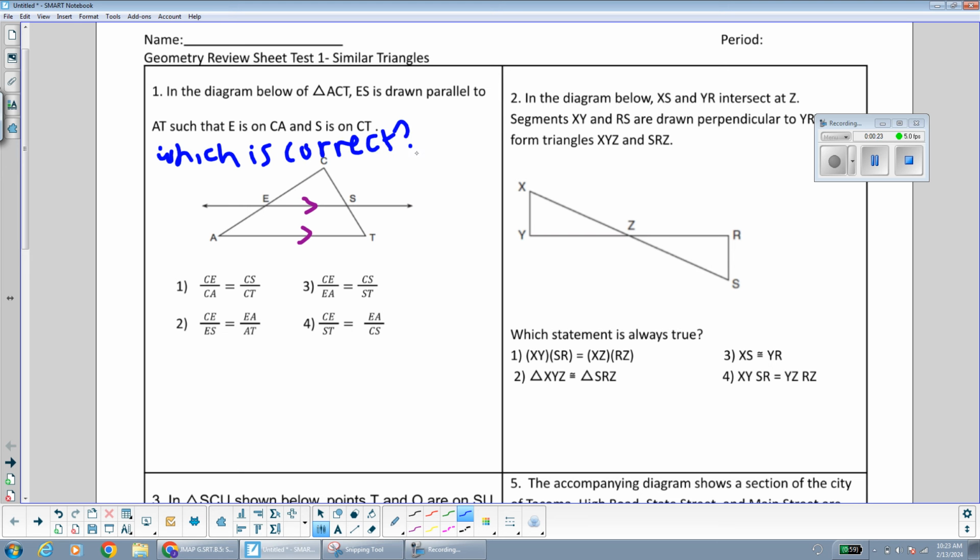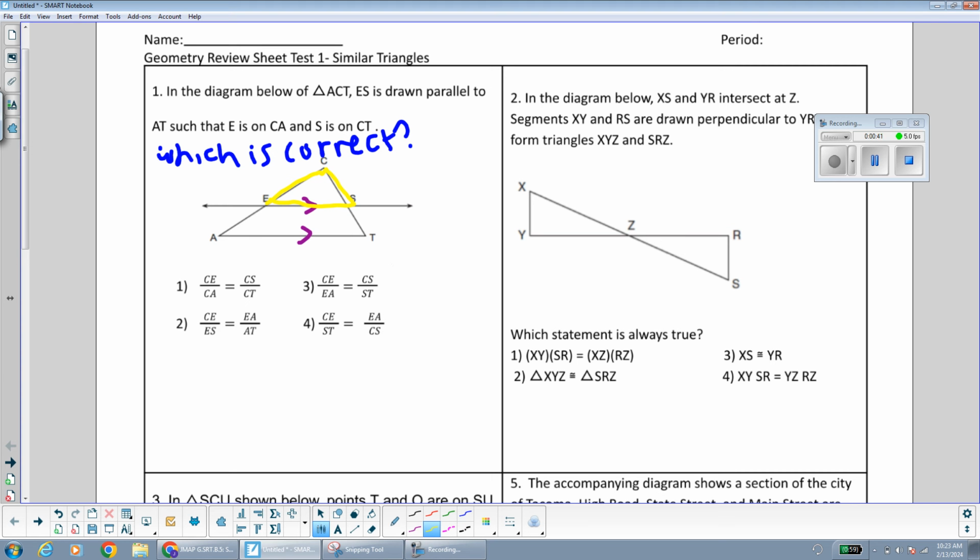So I'm going to go through one by one so that way we can see. So first, before we can even have proportions, we need to know that the triangles in the diagram are similar. So here we have small triangle inside of the larger triangle, ACT.